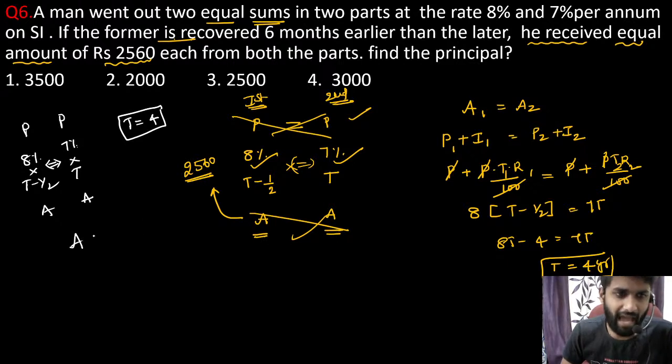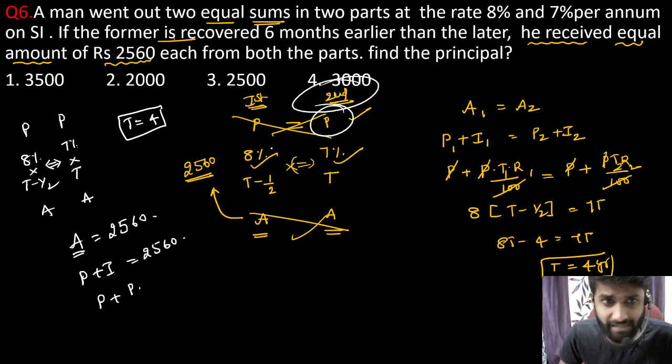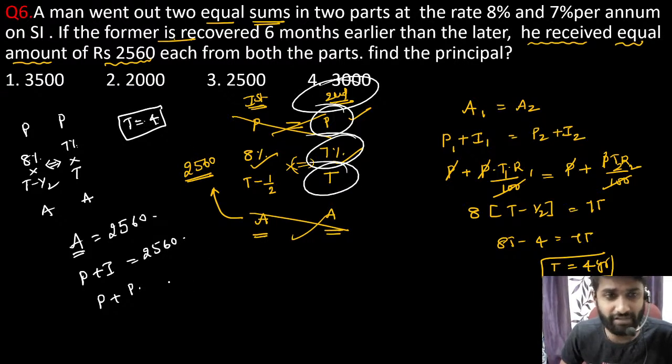Now see, the amount is equal, so you can consider any of the values. The amount is exactly equal to 2560. Now amount means principal plus interest, which is equal to 2560. You just calculate it. I just consider the second values: principal P, rate of interest 7%, time period 4. 7 fours are 28.